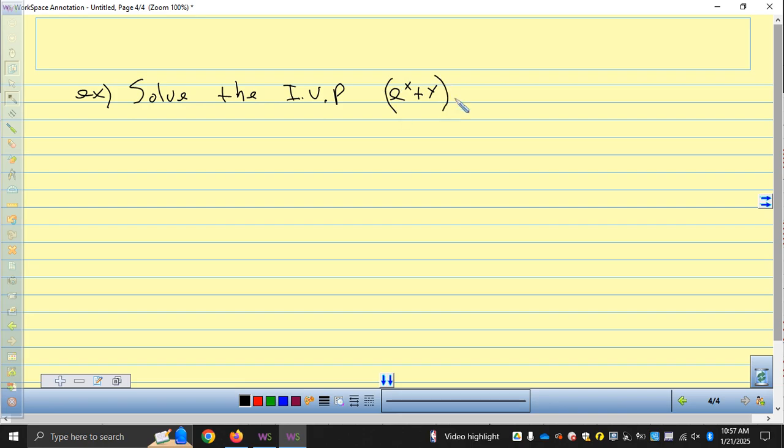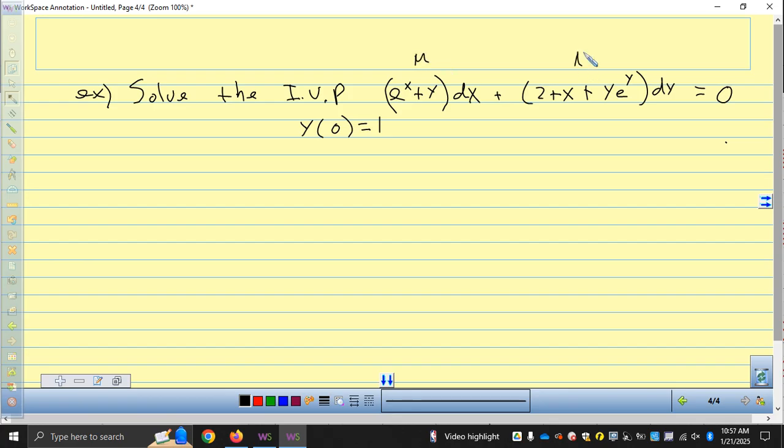e to the x plus y dx plus 2 plus x plus y e to the y dy equals 0, and y of 0 equals 1.